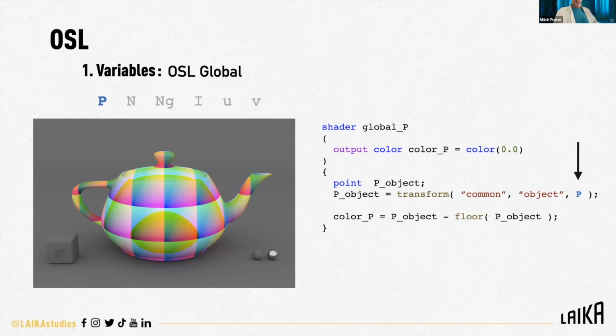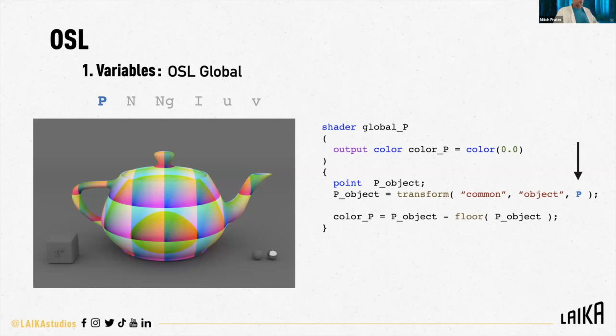It's named globalP. It has an output color called colorP. And in the body of the shader, it's accessing the global variable P. To access global variables in your shader, you just use them. You don't have to declare them or anything. They're just part of the language. P is the 3-dimensional location on the surface of the object that's currently being shaded.